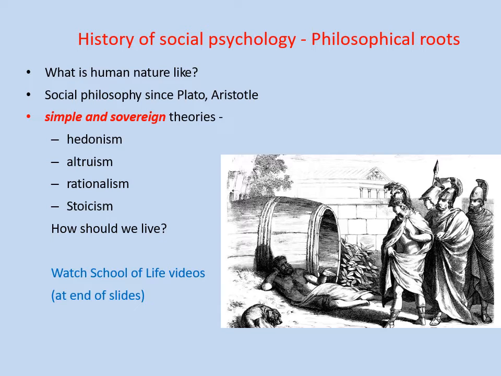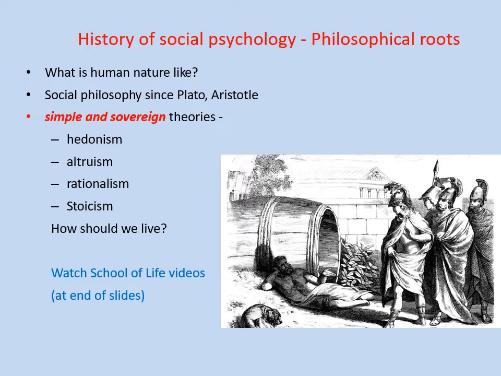The most common philosophical answer to this question has been in terms of what's called simple and sovereign theories. They are simple because a single principle is proposed to explain all of human behavior, and sovereign because that one principle is supposed to explain everything.